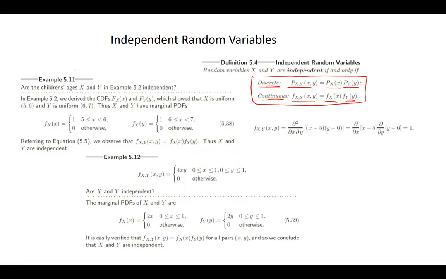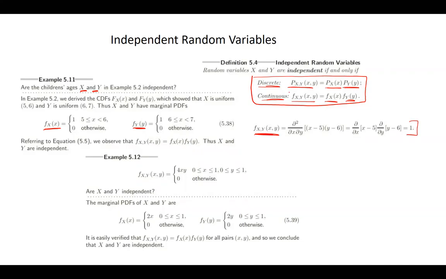Let's go back to the children's age problem, and we look at the independence of x and y in the previous example. You can remember the marginal PDF of x and y here, and you can remember the joint PDF, which was 1.